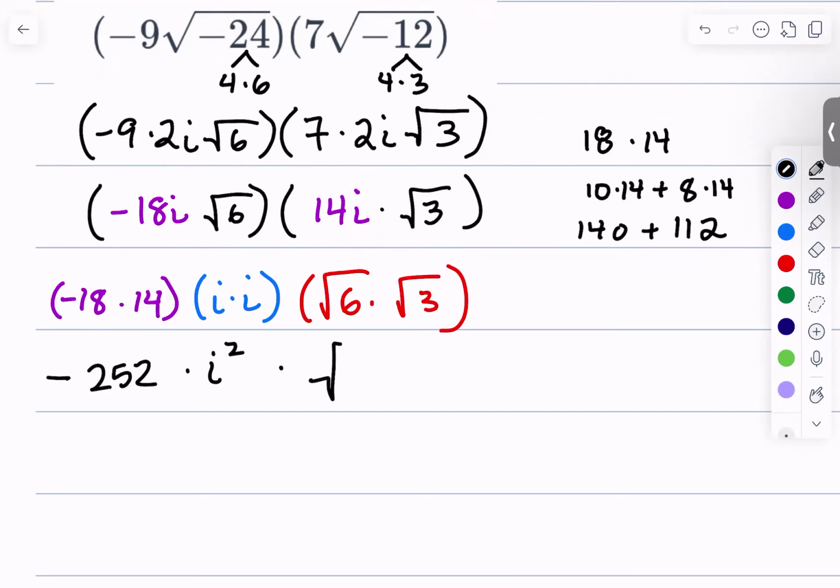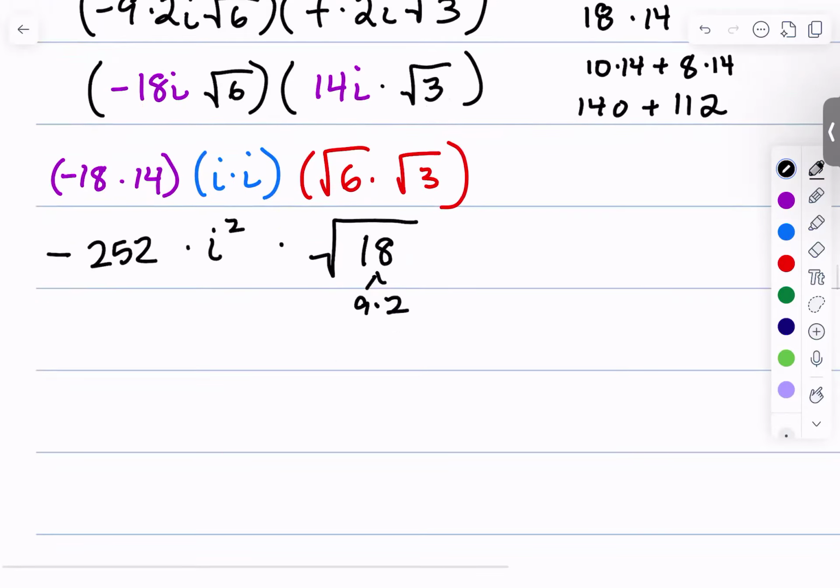is the same thing as square root of 6 times 3 or 18. Okay? And if I break down 18, then I would have 9 and 2, correct? 9 times 2. So then I would have negative 252.